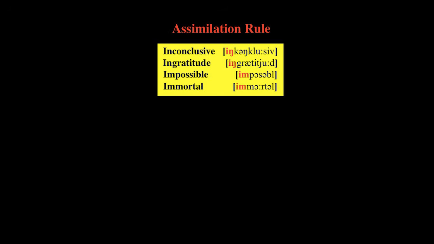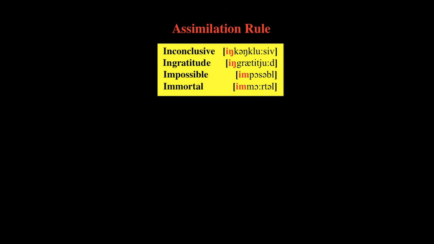We notice that if the first sound in the stem is, for example, k or g, which is a velar consonant, the n nasal sound in in changes to another nasal, the one that has the same place of articulation as the first consonant in the stem. The same case for the m sound in im. So m is a bilabial. Why? Because the first sound in possible and mortal is a bilabial. So we have here place of articulation agreements.